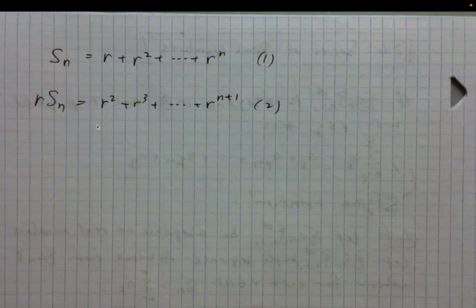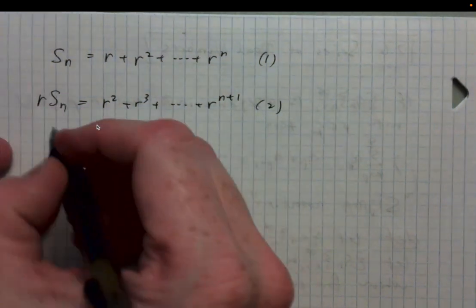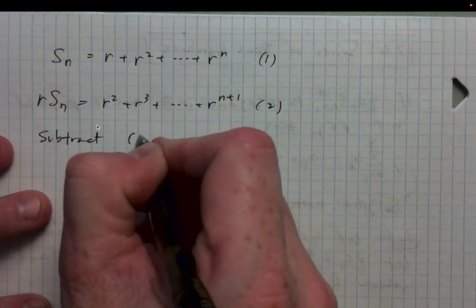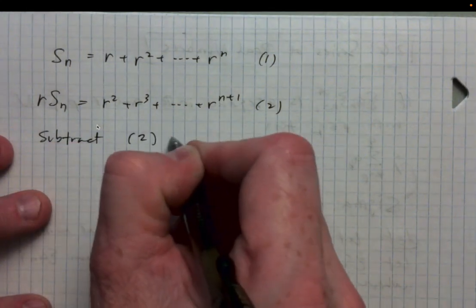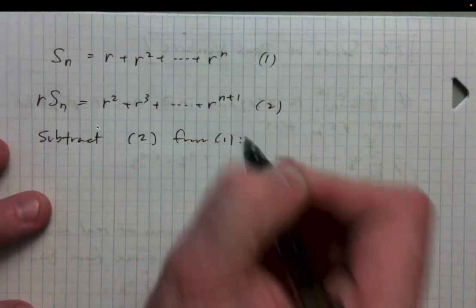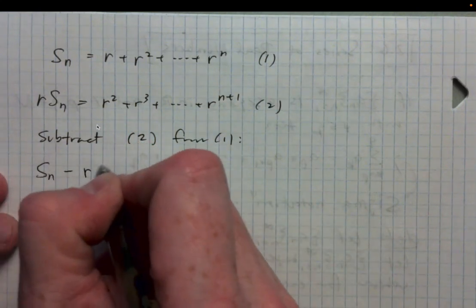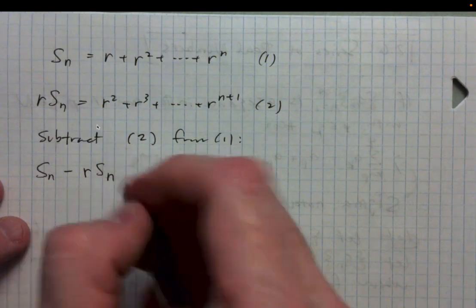So I just start with the nth partial sum, and then I multiply both sides by r. Now if I subtract 2 from 1, if I say S sub n minus r times S sub n, what do I get?